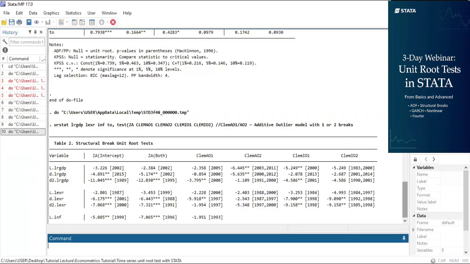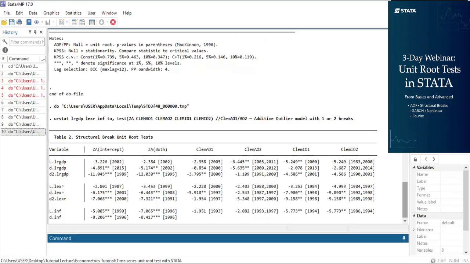Can you explain again? Okay, I said at times with the ADF and PP tests, we say the series is not stationary. That does not actually mean that the series is not stationary. It may be that there is a break or breaks in the series. Let's say for instance you have a series between 1990 and 2025.